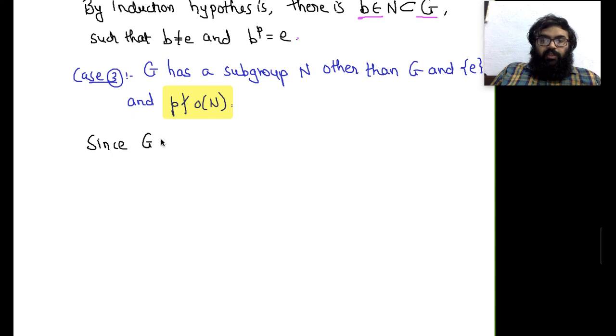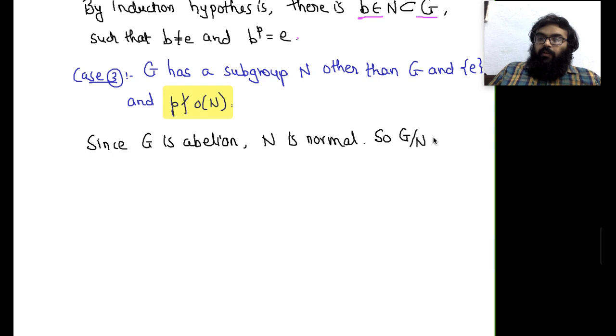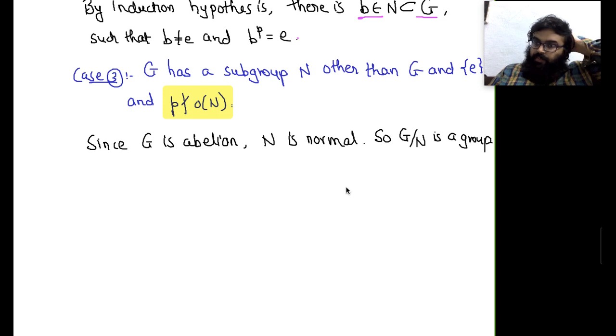So since G is abelian, N is a normal subgroup of G, and if N is a normal subgroup of G, then G quotient N is a group. We have seen this if and only if N is normal. N is normal here, of course, because we are in the abelian case. Here is where we use the abelian case.